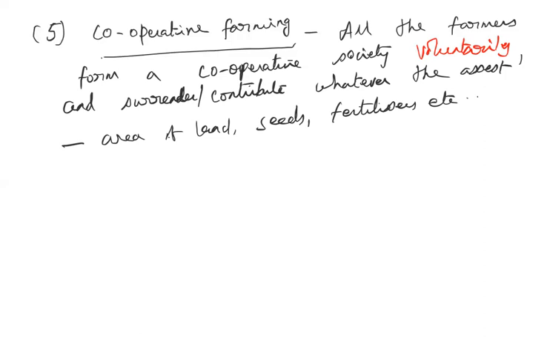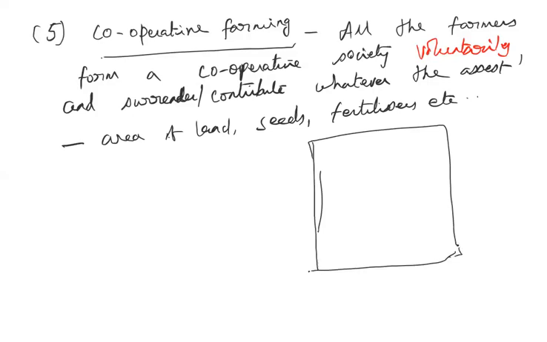Okay, so if all the farmers join together, surrendering all their assets, including their land, and jointly cultivate, the area will become bigger, isn't it? Because all the farmers have contributed their pieces of land. So the area will become bigger, and they will get all the advantages of large scale farming.